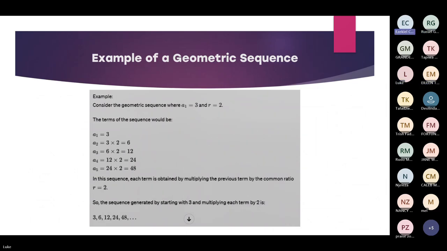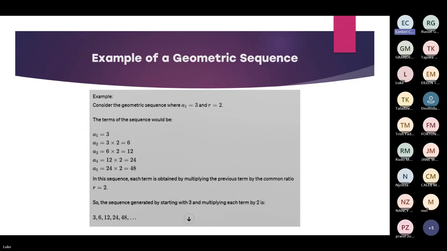Then look, I think you can just demonstrate. You've got your A1, which is the first term of the geometric sequence, as 3, and the common ratio you have been given is 2. I want you to find the A2, A3, A4 and A5 using that formula.